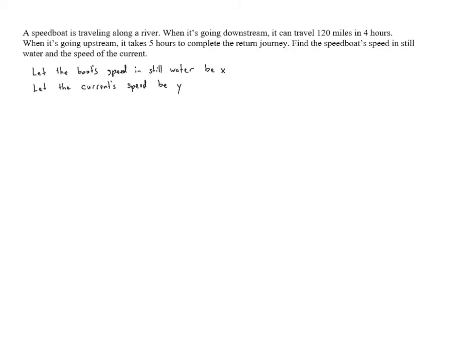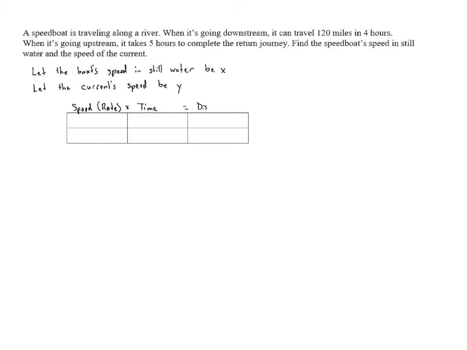Again, we're going to organize our information into a table, and we're going to label the table just like we did in the last one. Speed, or rate, either one really, times time equals distance. Now, we need to label the two rows.